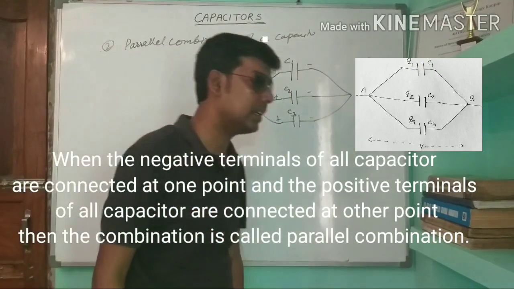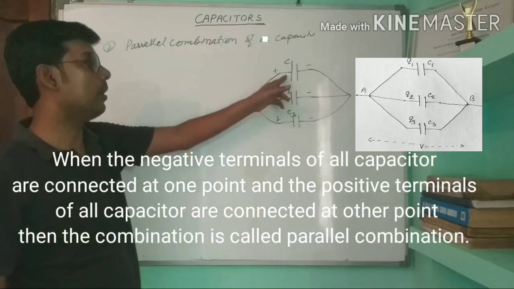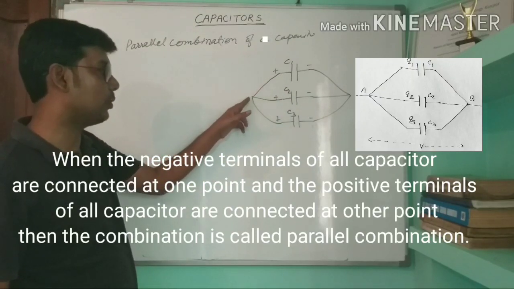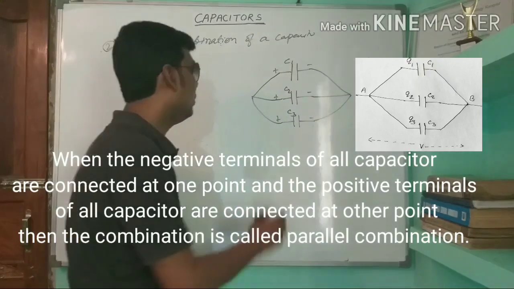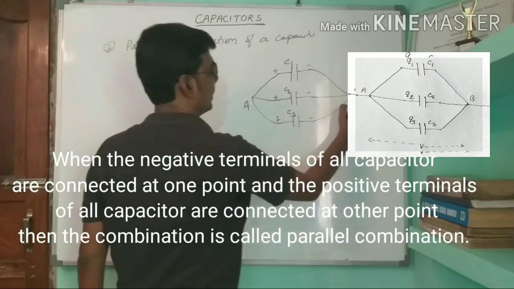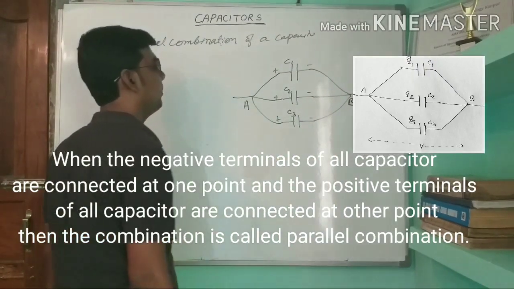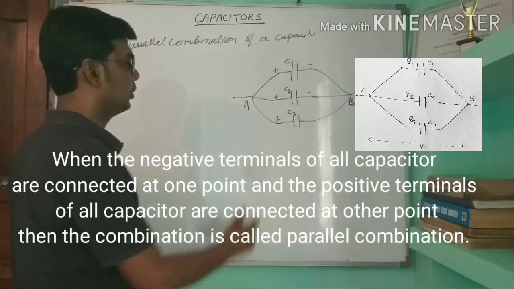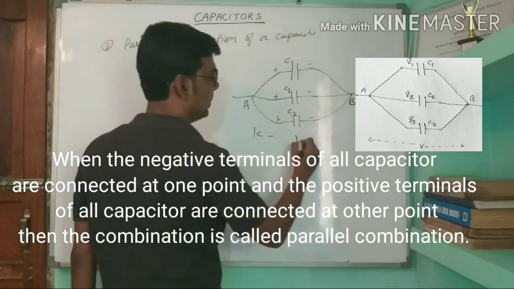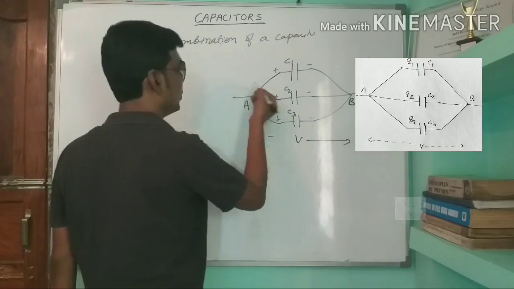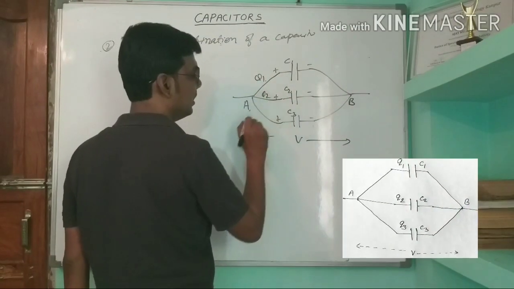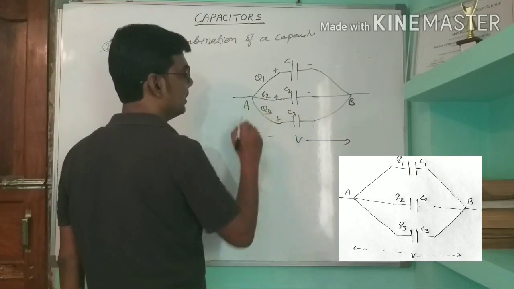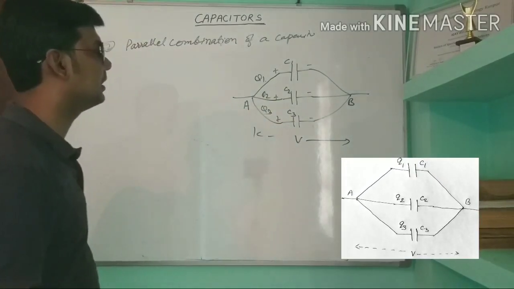What is a parallel combination of capacitors? When all positive terminals are connected at one point and all negative terminals are connected at another point, this combination is called a parallel combination. The potential difference across each is V. Here there is Q1 charge, in this branch there will be Q2 charge, and in this capacitor Q3 charge.